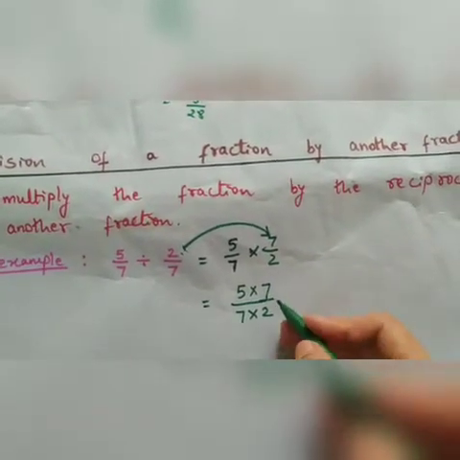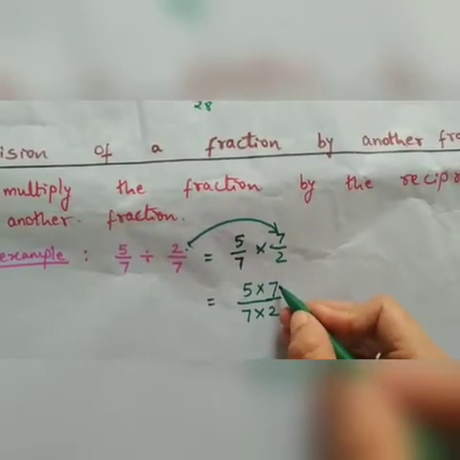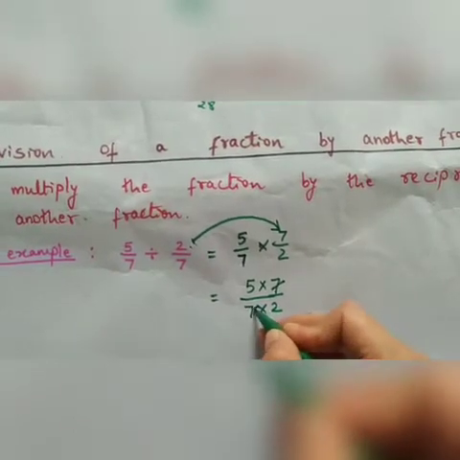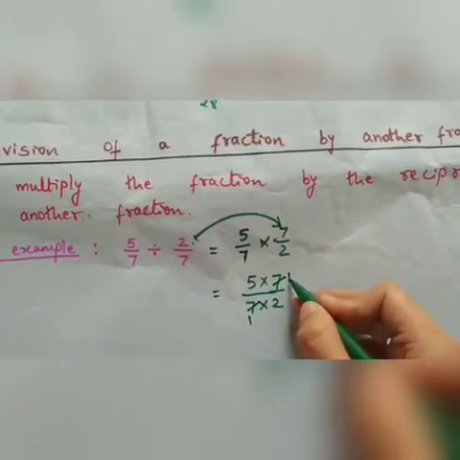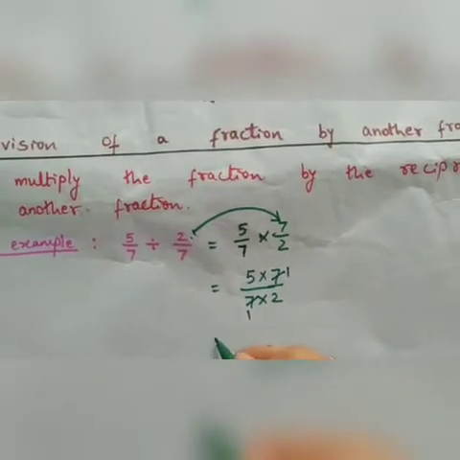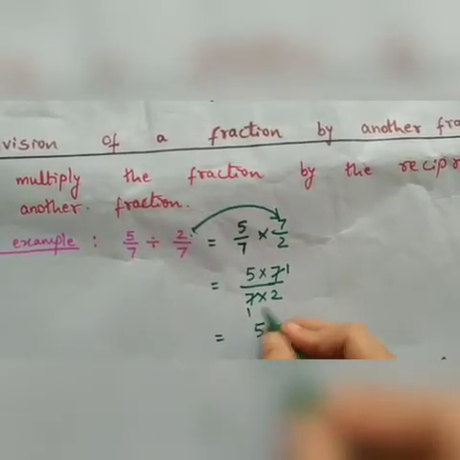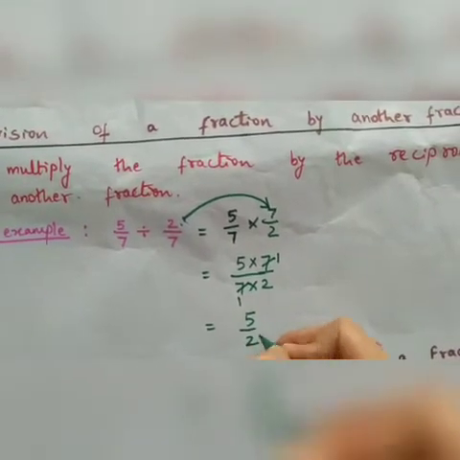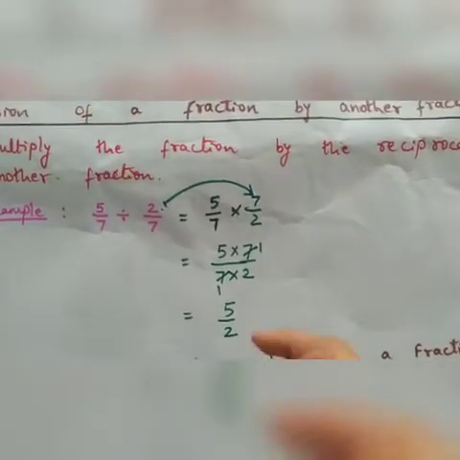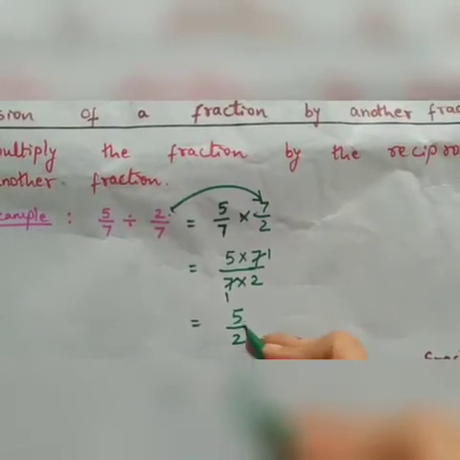So here any simplification? Yes, here 7 is cancelled with 7. 7 ones are 7, 7 ones are 7. So we get here 5 multiplied by 1, we get 5. 1 multiplied by 2, we get 2. So here we get 5 by 2. This is the answer.